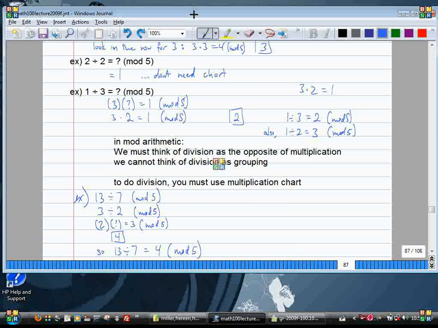You don't have to make a chart, except that I would say for division, there's no reasonable way to do it except with a chart. But if you're just doing an addition problem or a multiplication problem, those we just did straightforwardly.